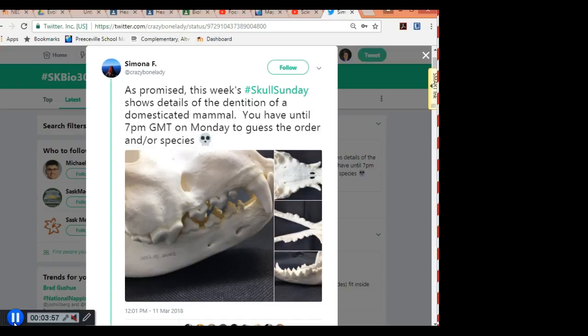This is a skull. And every week, this person does what's called a skull Sunday. They put up a skull, and you have to see if you can identify what the skull is based on the features of the skull.